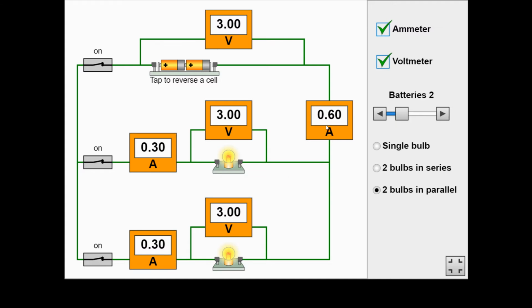But where the two loops join up together, and if you almost think about these wires overlapping each other, this is where we've got a double current. So our current here is twice as much as it is on the individual parts of the circuit. So where the circuit is split into parallel, where it's all met back up, the current is doubled.